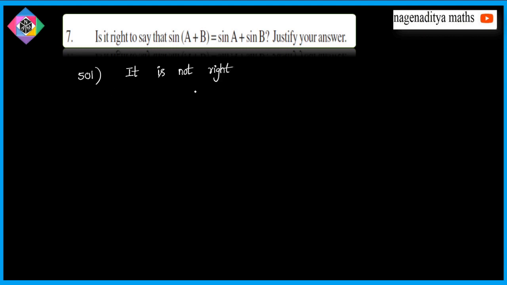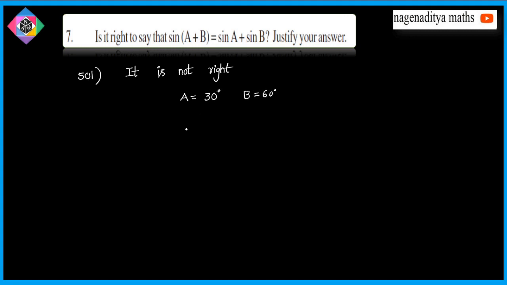For example, if you take the value of angle A is equal to 30 degrees and angle B is equal to 60 degrees.